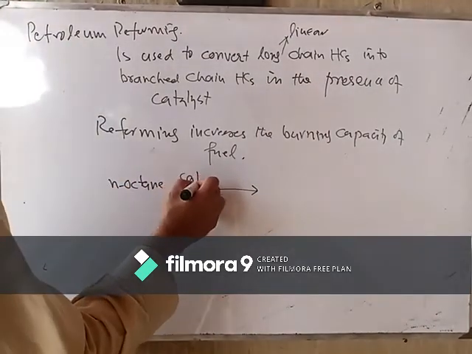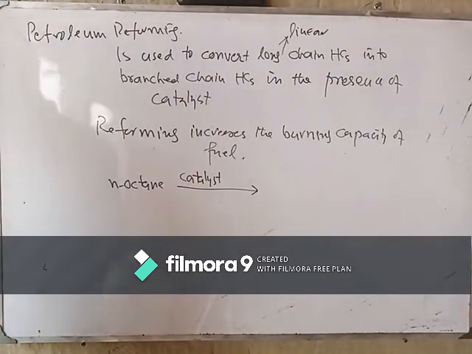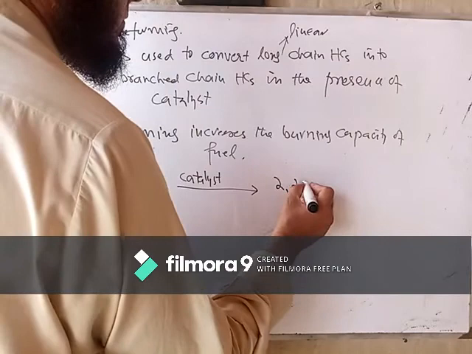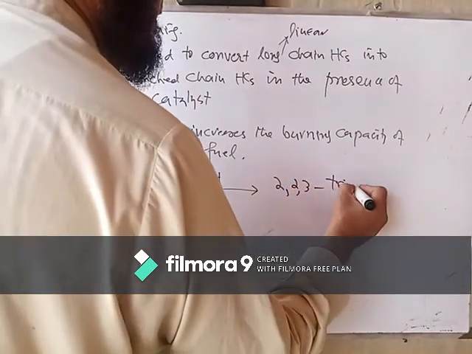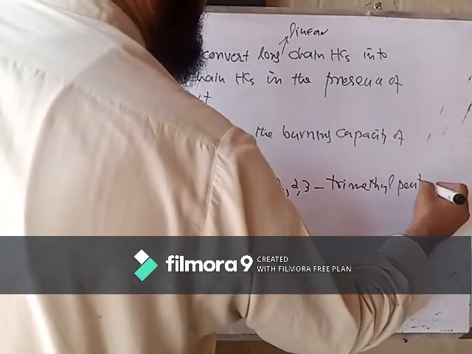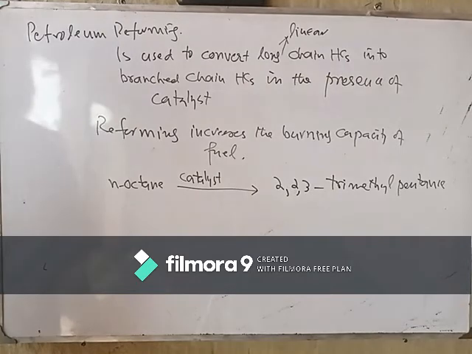Different catalysts can be used for this process to give the branched chain hydrocarbon 2,2,3-trimethyl pentane, a high quality fuel with a high octane number.